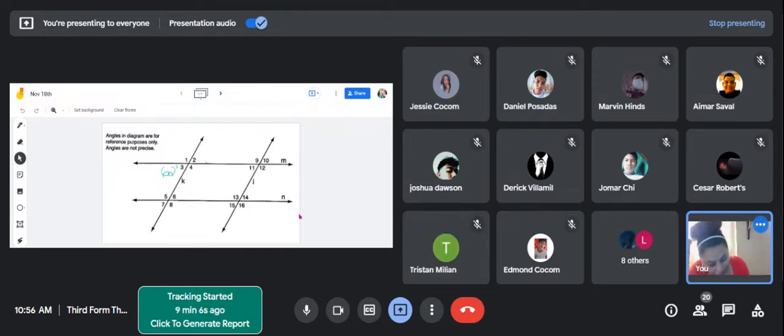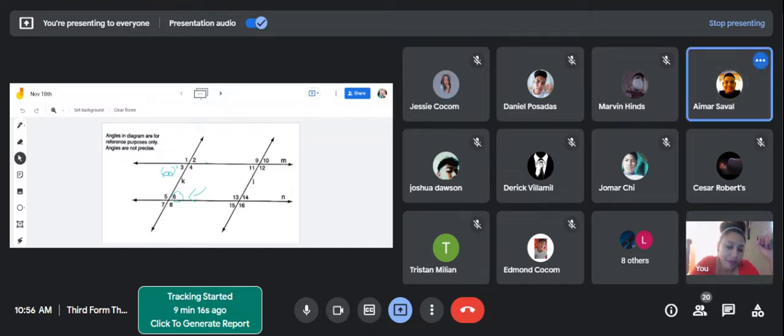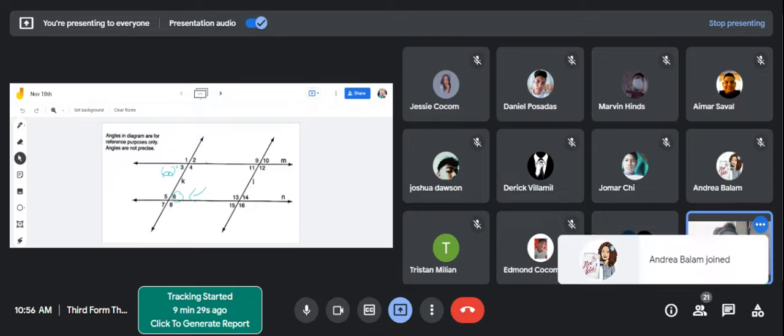Angle 6. What is going to be angle 6? Just by looking at this, you can tell me the answer. 62. Okay, very good. Why is it 62 now? What kind of angle is this?